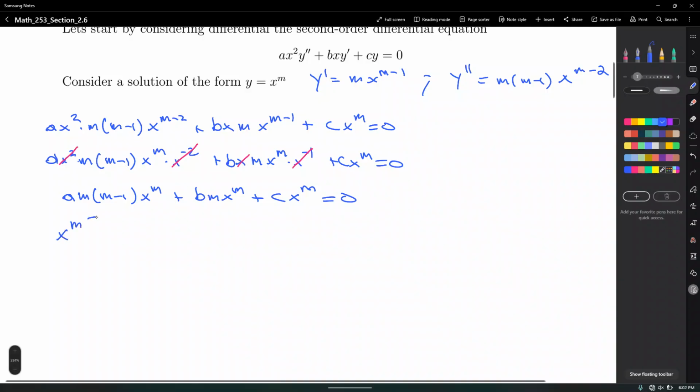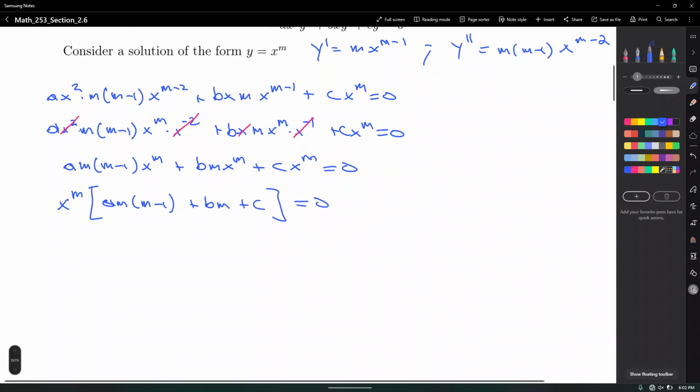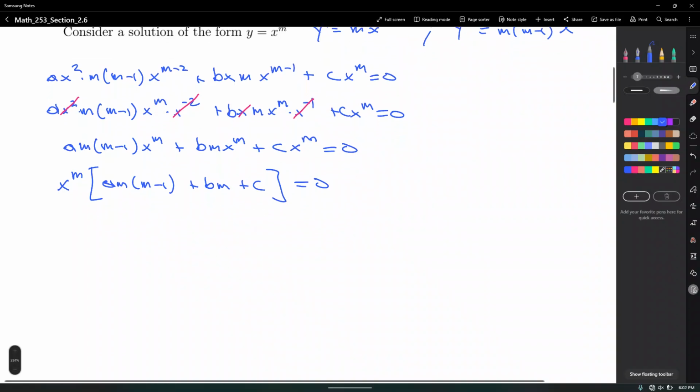That'll leave us with am times m minus 1 plus bm plus c, and let that be equal to 0 still. To simplify the expression inside the brackets, I'm going to distribute am: that's am squared minus am plus bm plus c. Let that be equal to 0.